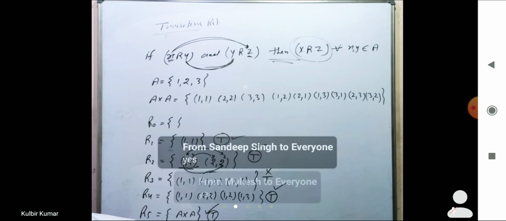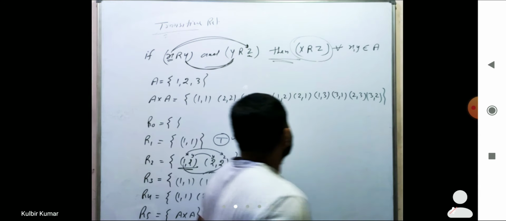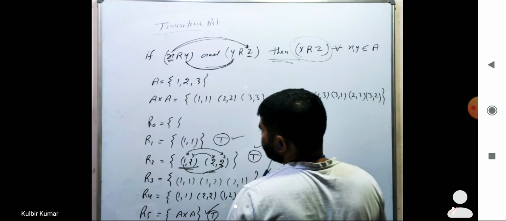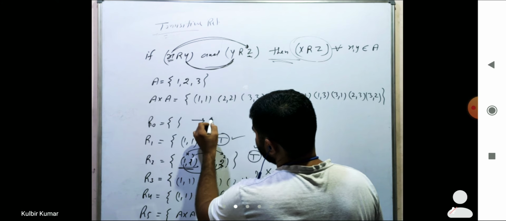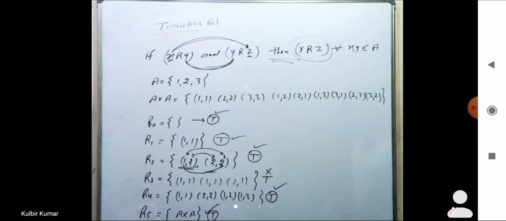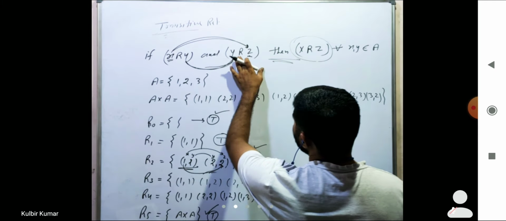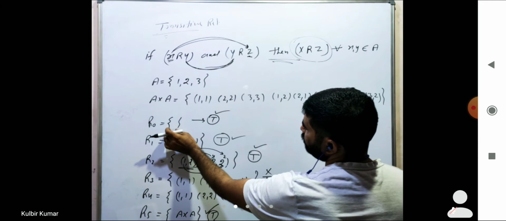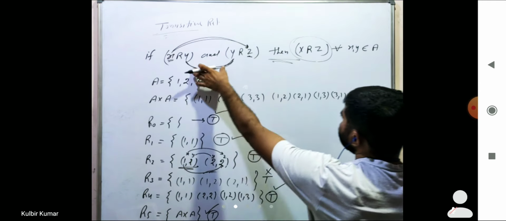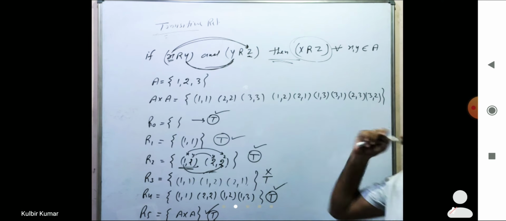Okay, किसी को नो भी लग रहा है क्या? ठीक है. So this empty relation is also transitive. Why? Because it is not violating this condition. Empty is not violating this condition, right? So empty इस condition को violate नहीं कर रहा है, तो finally क्या कह सकते हैं, this is also true.